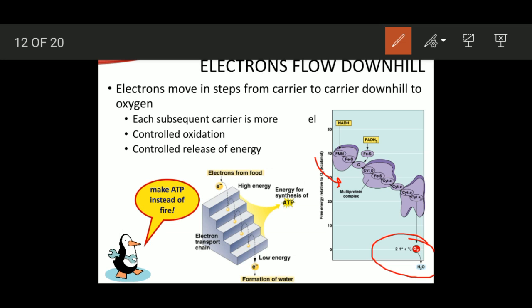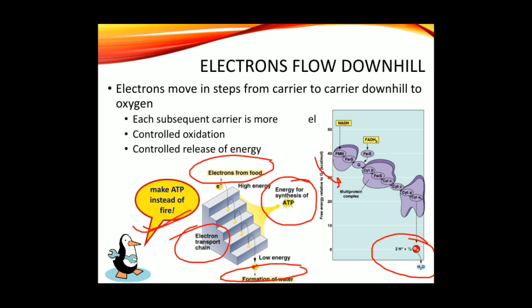This is the basic idea, guys. From the food, the electrons are converted into water, releasing a certain amount of energy in the form of ATP, through the process called the electron transport chain, and thus make ATP instead of fire. This is the basic concept here. Now let's move on.